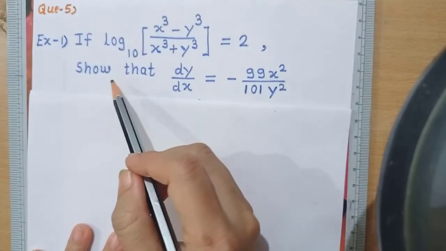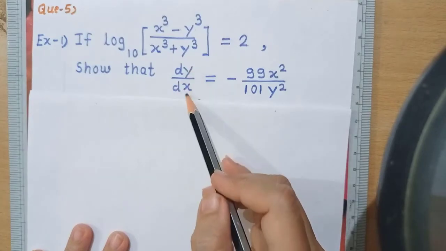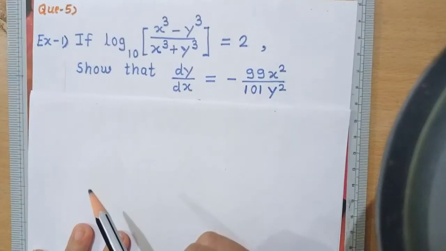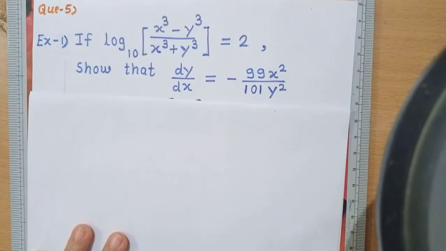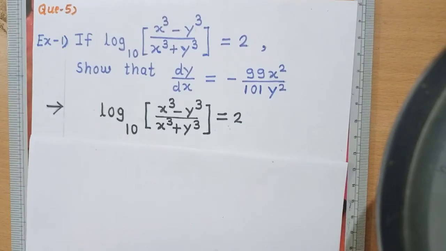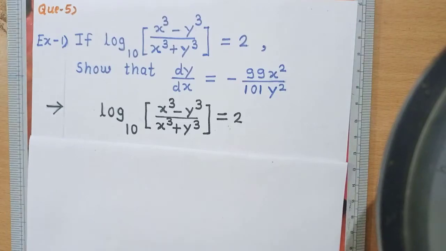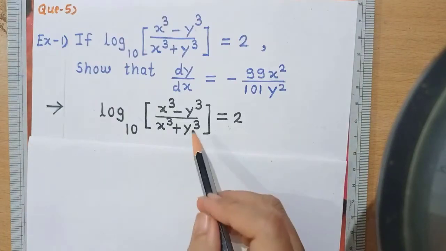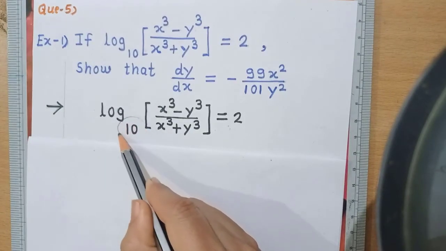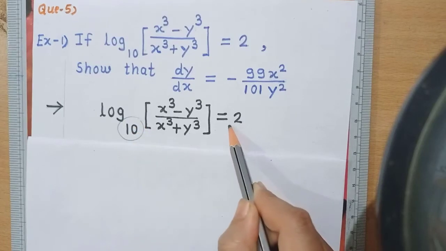variable, and we have to show dy by dx is equal to this. Now our given example is this, which is in logarithmic form, and we have to keep this in index form, so we will move this 10 here.